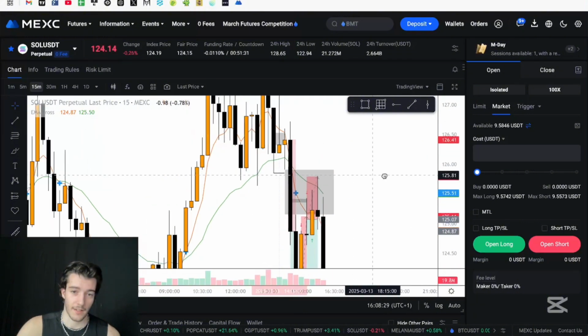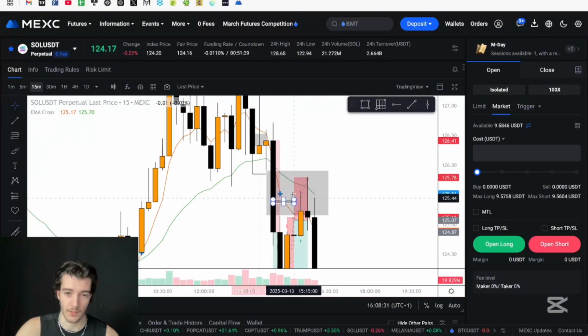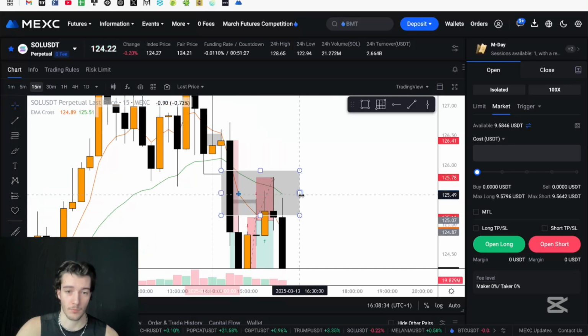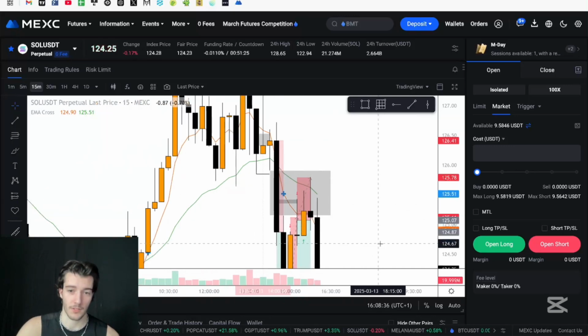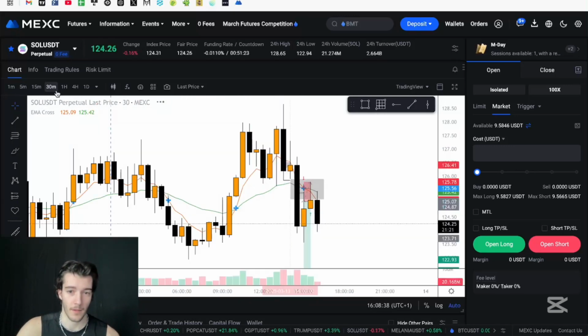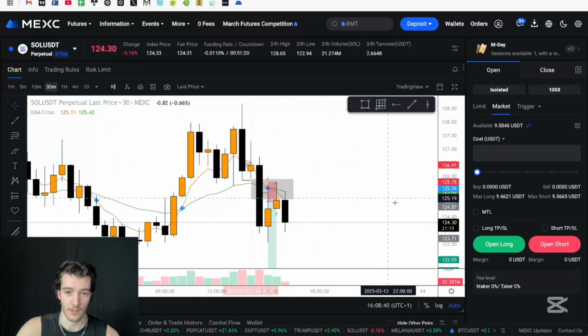Looks like on crypto we like to tap into these 15-minute fair value gaps multiple times before deciding to move lower off of them, which is interesting.